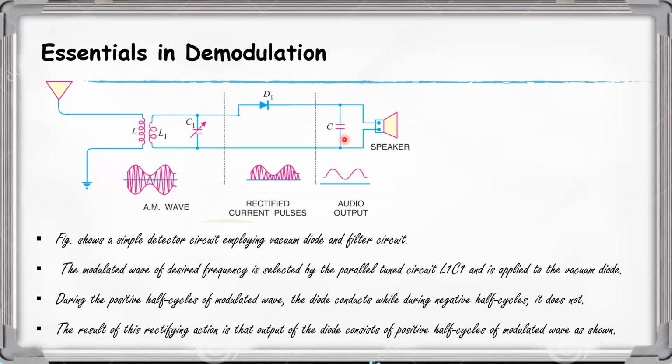So for a high frequency signal, it acts as a bypass. So this capacitor bypasses the high frequency signal. So only the audio signal, that is the low frequency signal, is fed into the speaker.